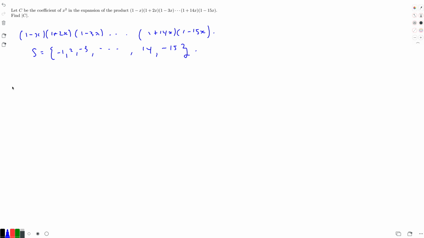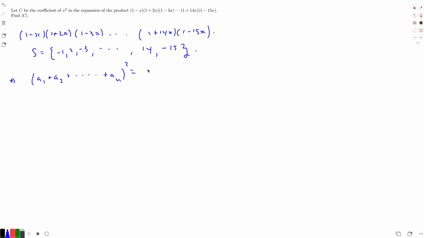And then it should immediately jump out to you that this is extremely similar to what we do in Vieta, right? For example, consider the expansion (a1 + ... + an) squared. What is this equal to?